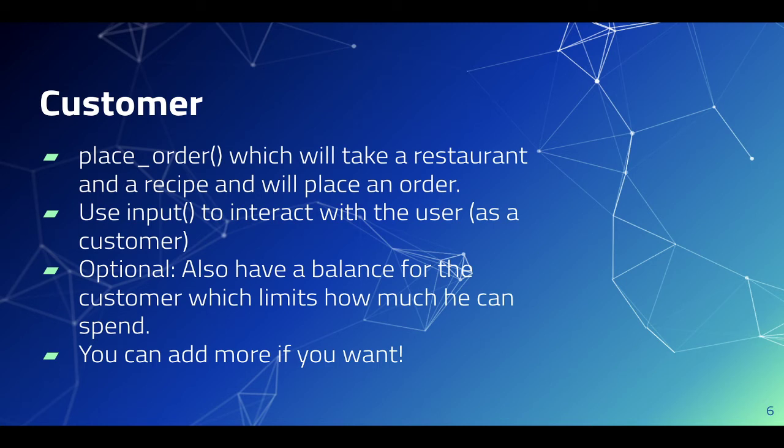You might say, why am I not calling this from the restaurant? That's because customers can go to many different restaurants, right? If you make multiple restaurant objects, you want to be able to use the same customer and go to different restaurants, and have it be a seamless experience for the customer. If the customer goes to Taco Bell versus McDonald's, they should be able to do that.